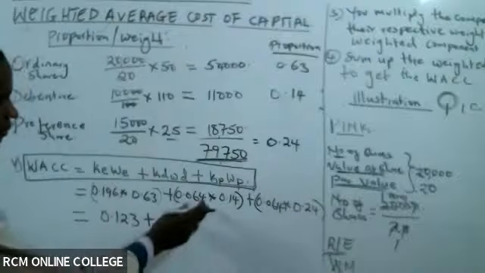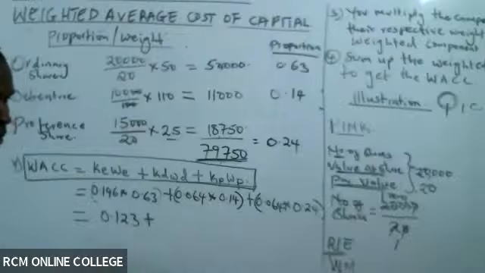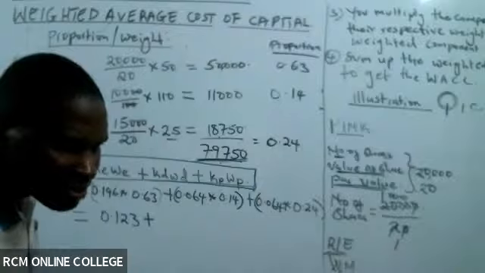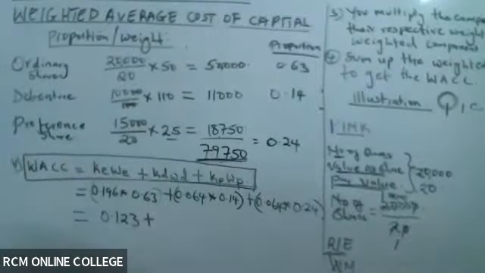Haya, patie hii ya pili. Maybe to 3 decimal place. Sasa 8.96. Tuweke 0.896, ndio?